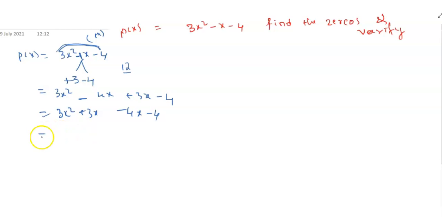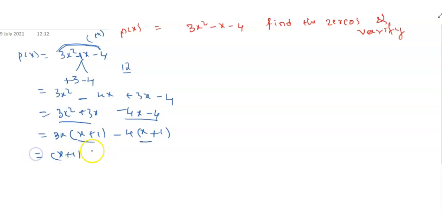Like this you can arrange the same terms. In the first two terms I take 3x common, and I am left with x plus 1. In the other two terms I take minus 4 common, and minus into minus gives plus 1. Okay, I have x plus 1 here. I take x plus 1 common, and I am left with 3x minus 4.